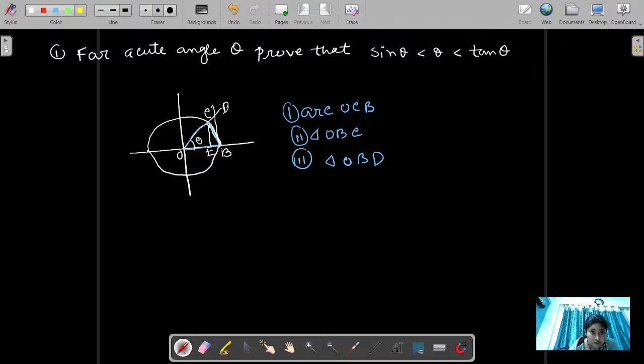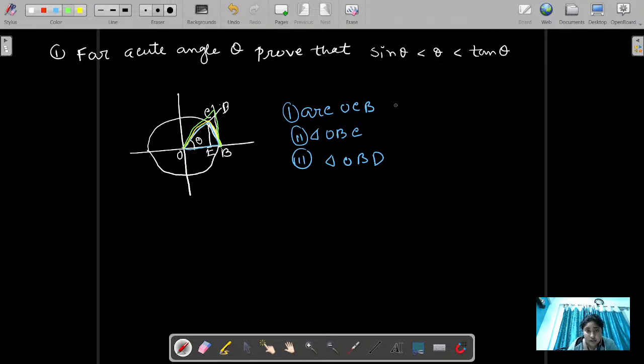So this is OBC, and this one is OBD. So like that I have got 3 triangles. Now I have to calculate the area of these 3.